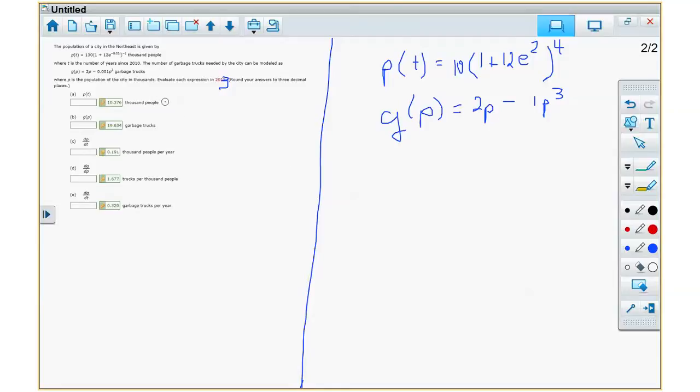So put in your notes, the first two are plug and chug. A lot of people just need to know how to use their calculator. So go ahead and plug in 3 for these two problems right here.